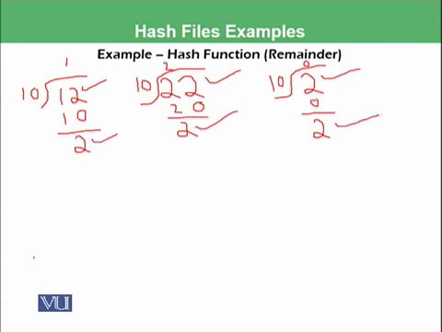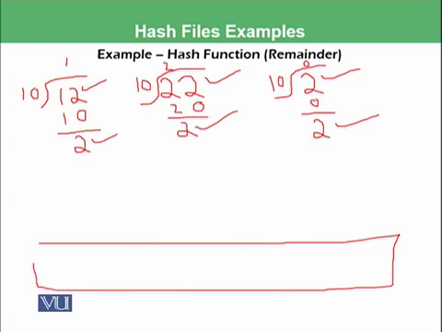So this means we have, for example, multiple buckets: 1, 2, 3, 4, 5, 6, 7, 8, 9 and 10 buckets.